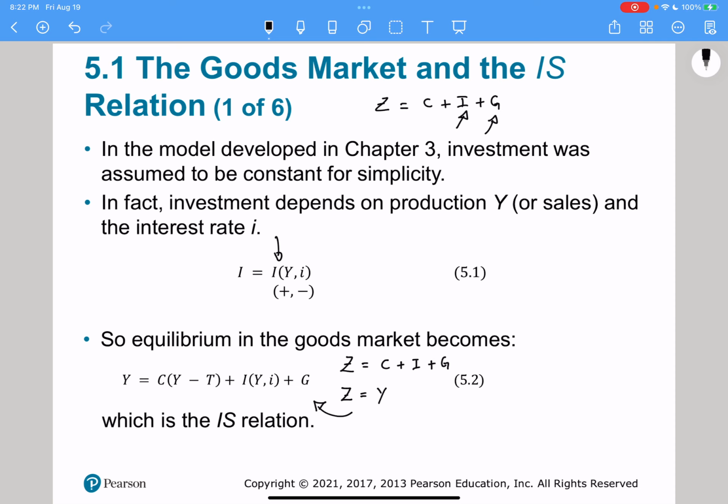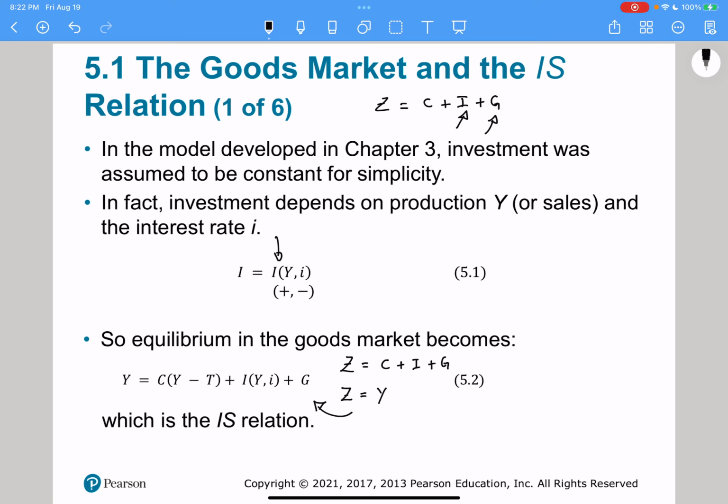The underlying reasoning for these two signs here is very straightforward. Well, as the production increases, then there will be more money to be invested. So when the production increases or the sales increase, the capital owners will be willing to invest more money in the production.